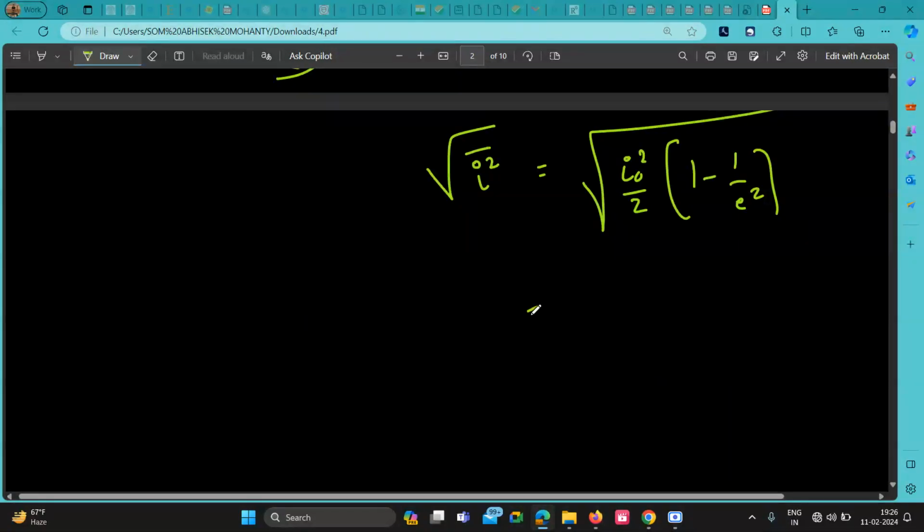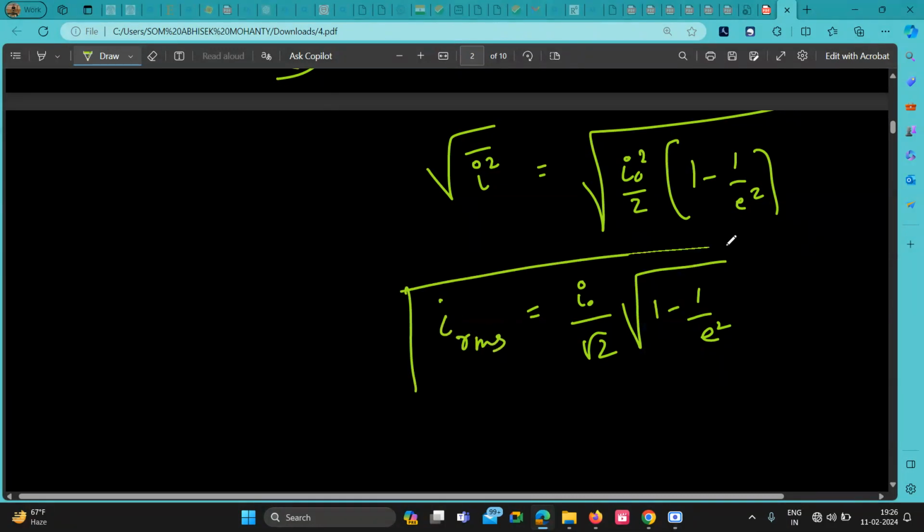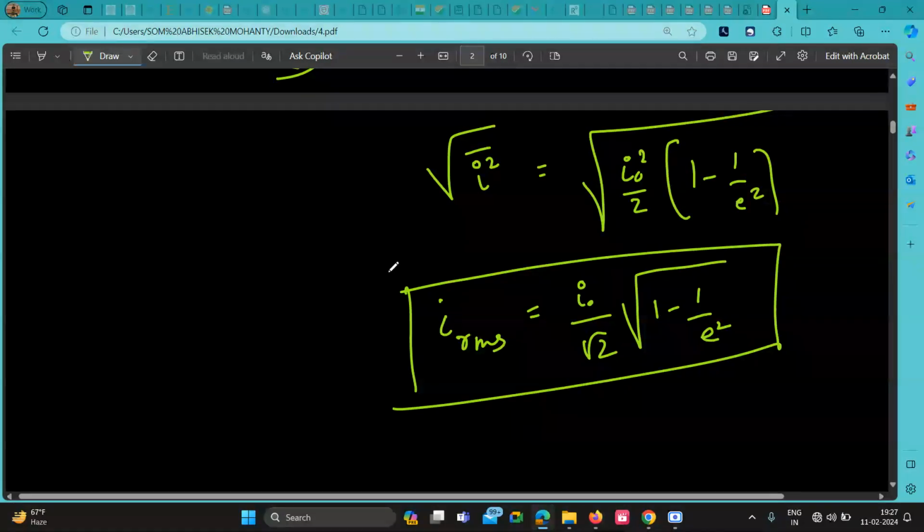So that will be I naught by root 2, root of 1 minus 1 by e square. This is your IRMS. IRMS is equal to I naught by root 2, root of 1 minus 1 by e square. This is the IRMS value.